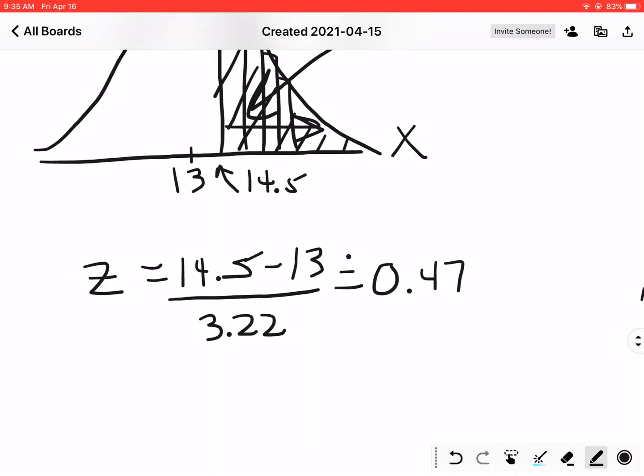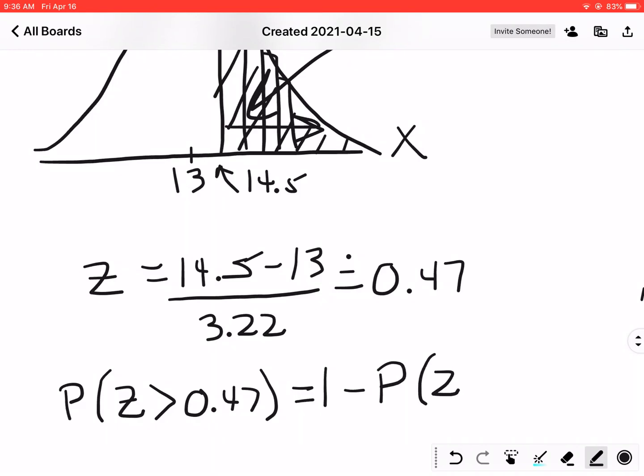So we look up 0.47 in the table. I'm going to bring up my table. You can't see me doing this. We want 1 minus the probability that Z is less than 0.47.